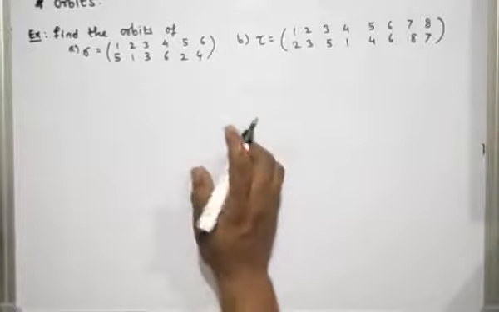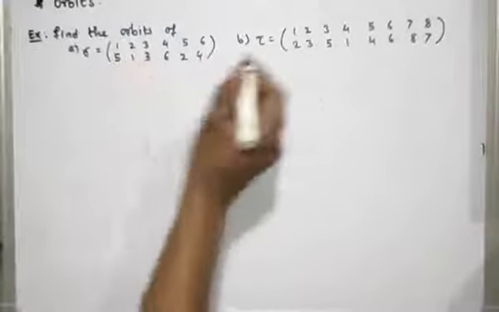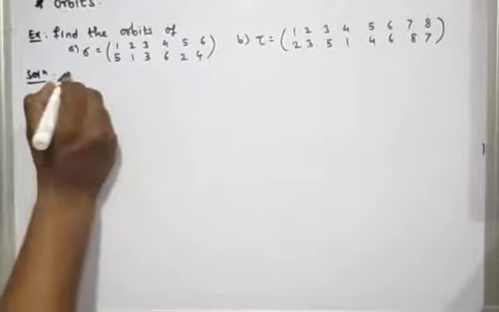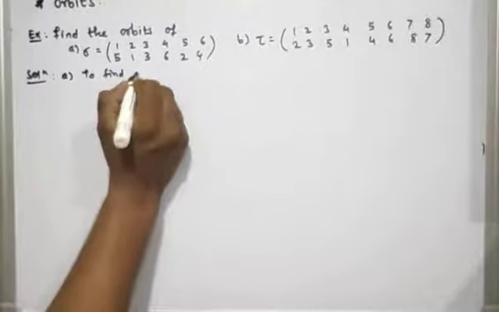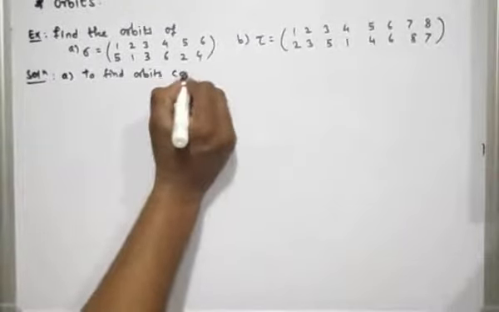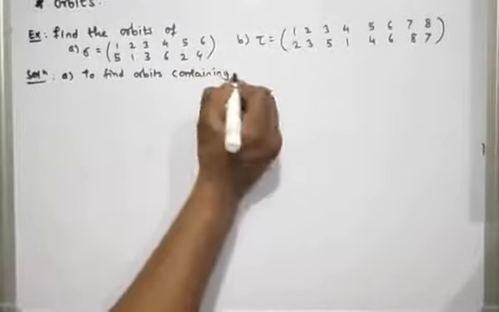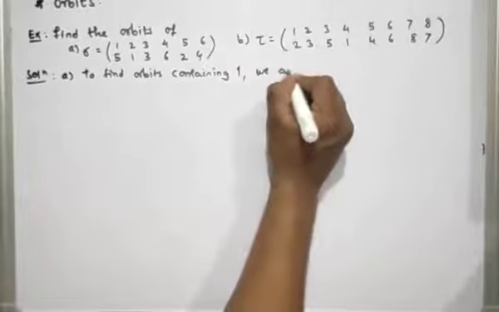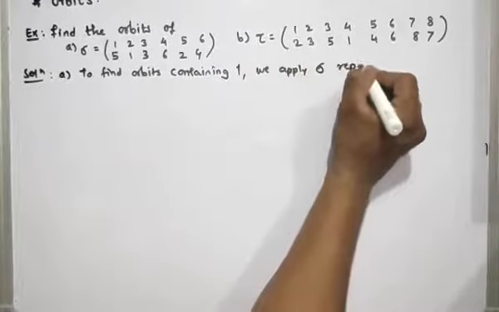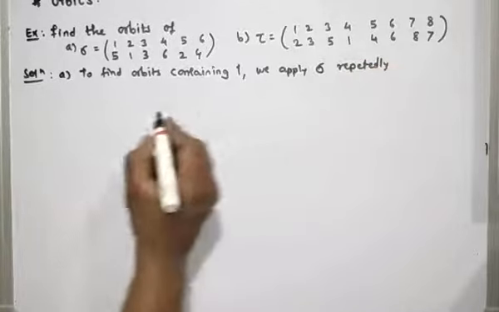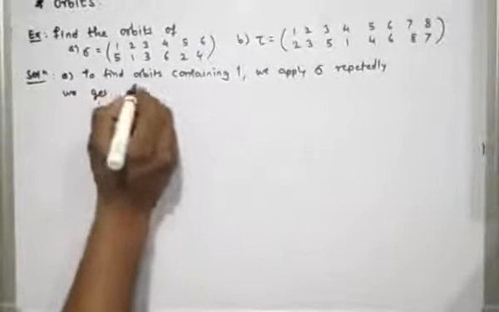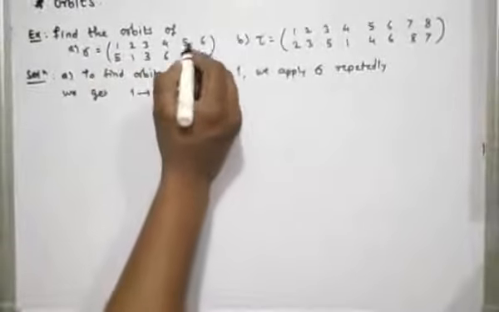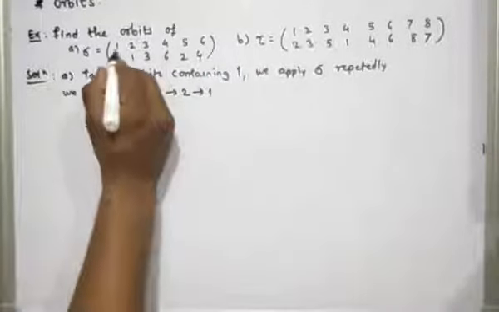This is the next example, again to find the orbits of sigma and tau. Let's take the solution. For the orbits of sigma, first find the orbit containing 1, so we apply sigma repeatedly. 1 goes to 5, 5 goes to 2, 2 goes again to 1, 1 goes to 5.